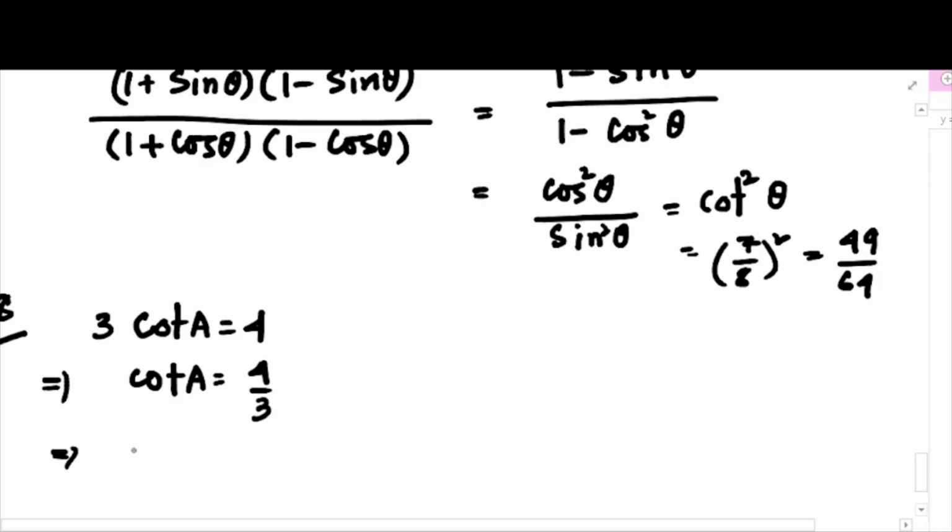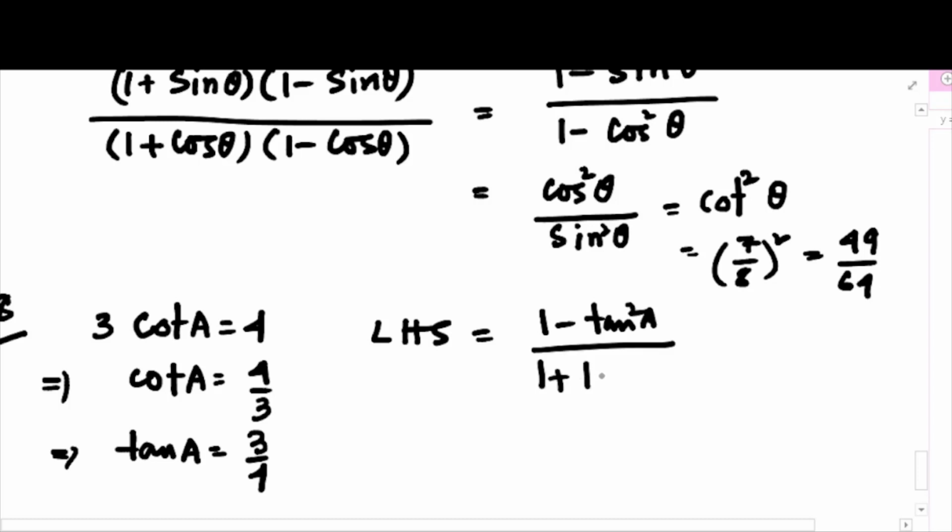Now if cot A equals 4 by 3, what will be the value of tan A? Tan is the reciprocal of cot. That means its value will be equal to 3 by 4. Now in the LHS part we have (1 minus tan square A) by (1 plus tan square A), right?